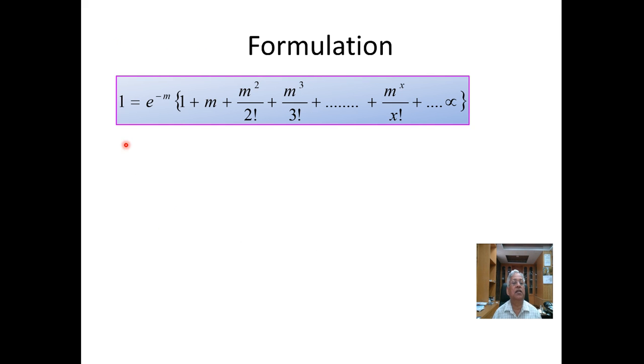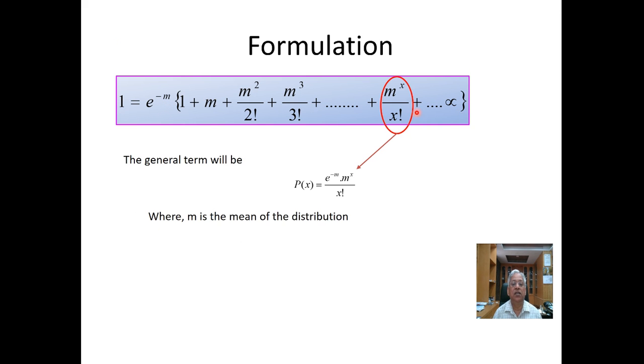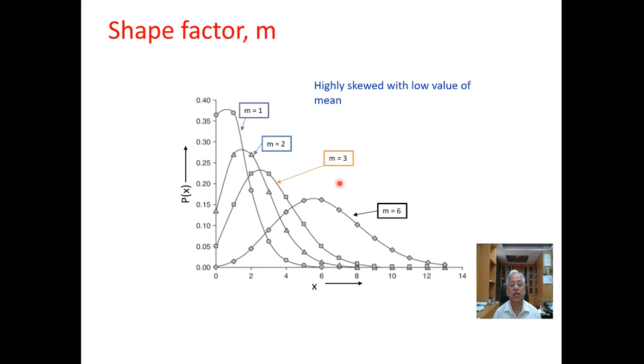So it becomes 1 is equal to e to the power minus m multiplied by the same series. Now in this equation, the general term is m to the power x divided by factorial x, into e to the power minus m. That becomes the general term, and here m is the mean of the distribution.